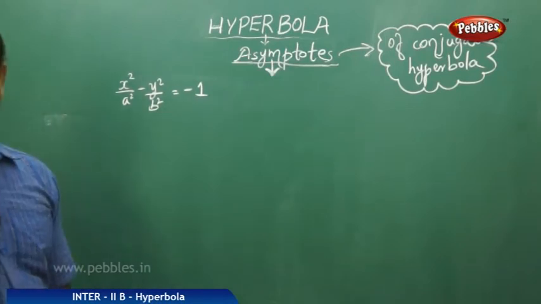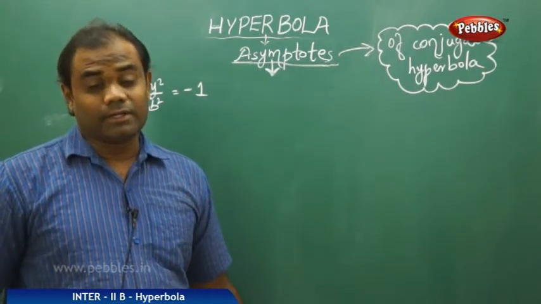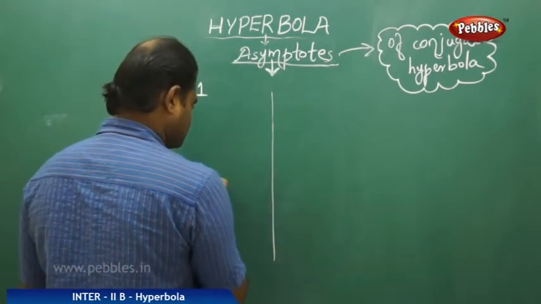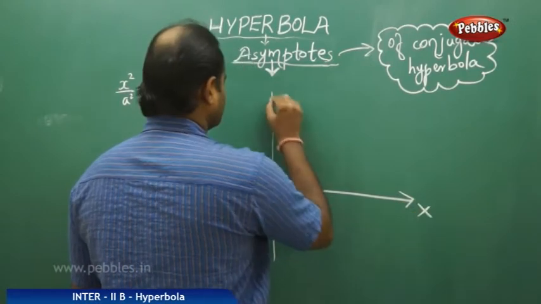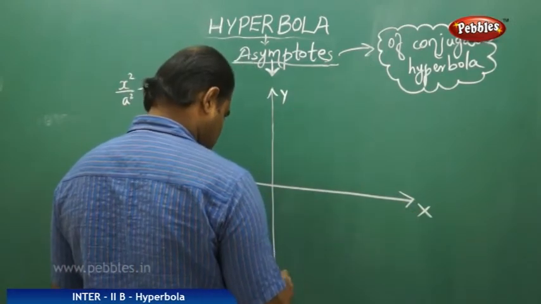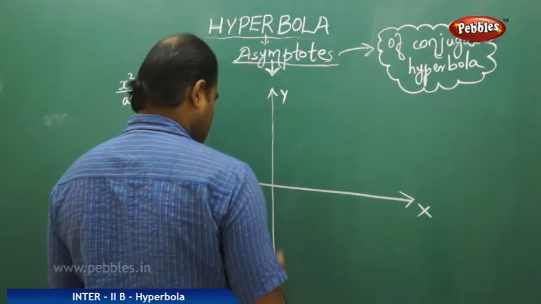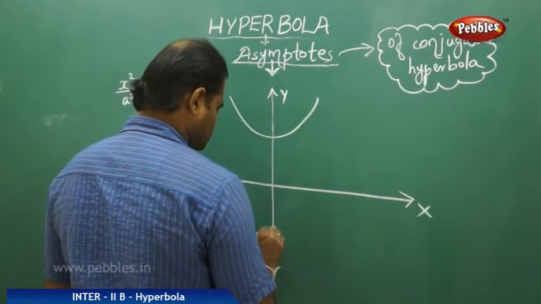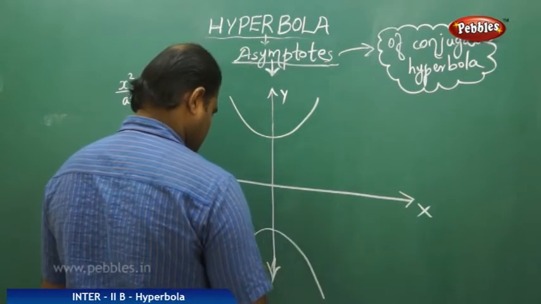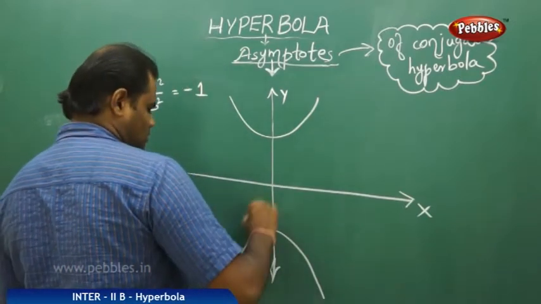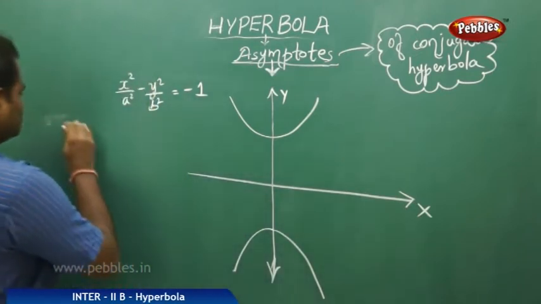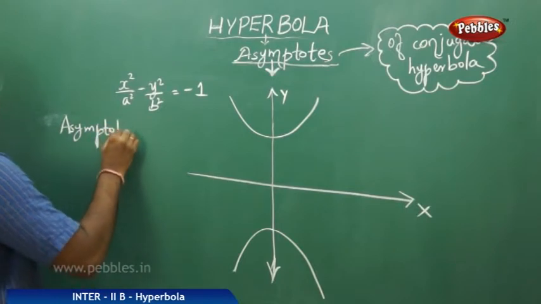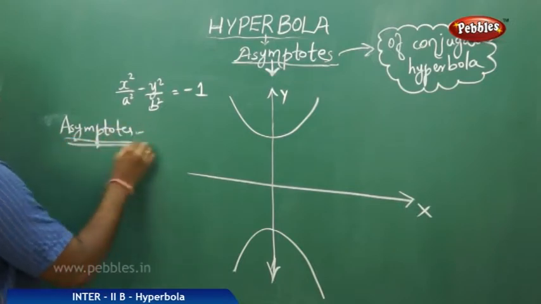So for this conjugate hyperbola, let's see what the asymptotes are. Its asymptotes are given by just equating this to 0.